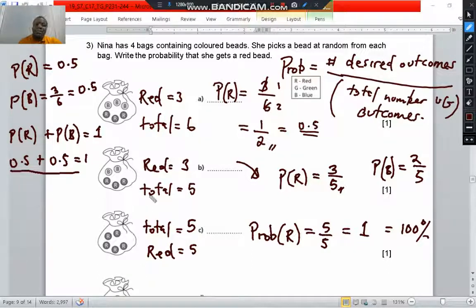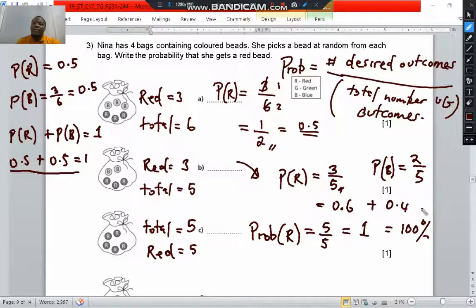Let me use the second part to make my explanation. The probability for getting a red bead here is 3/5, which is the same as 0.6. And the probability for picking a blue bead in this second bag is 2/5, which is the same as 0.4.